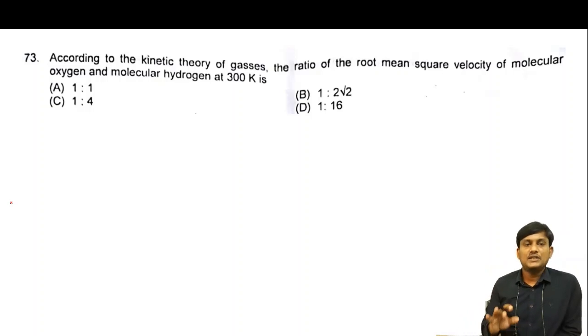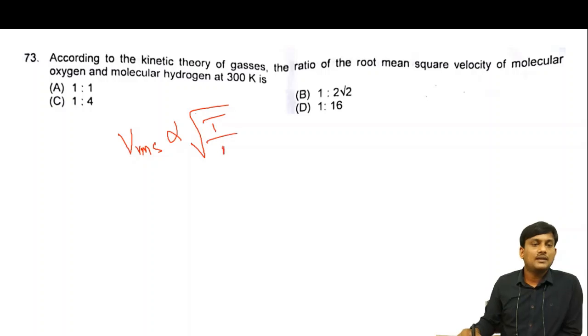According to the kinetic theory of gases, the ratio of the root mean square velocity of molecular oxygen and molecular hydrogen at 300 Kelvin is? Okay, root mean square velocity V_rms is directly proportional to root T by M. Any velocity is directly proportional to root over temperature and indirectly proportional to root over mass.